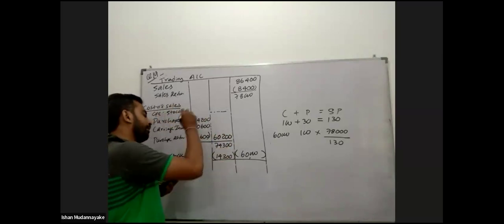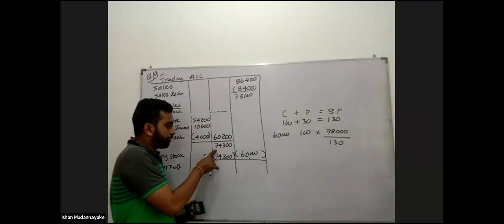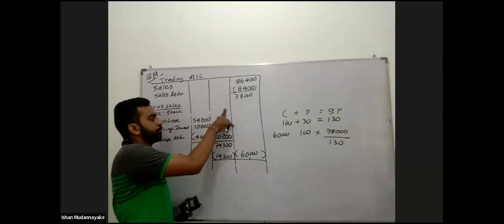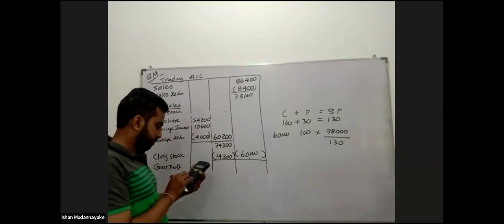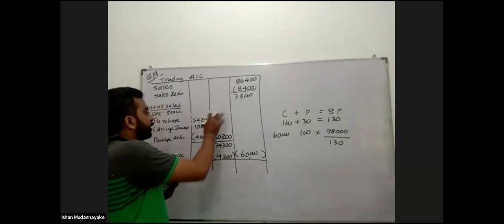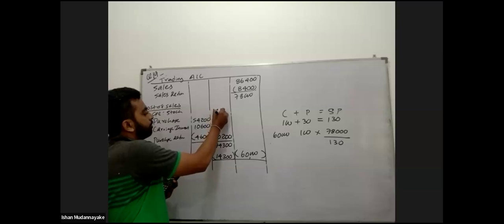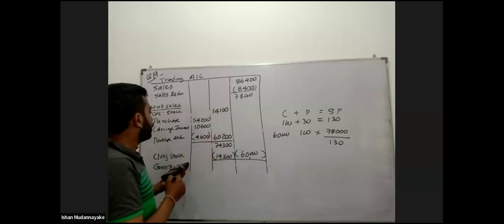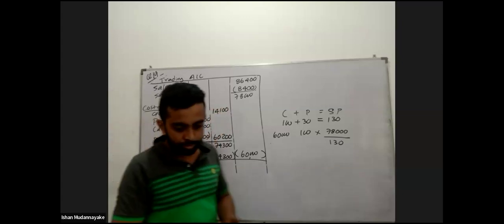Net purchase. Again backward calculation. 74,300 minus 6,200 opening stock. 40,100. Opening stock of the business organization, how much? 40,100.